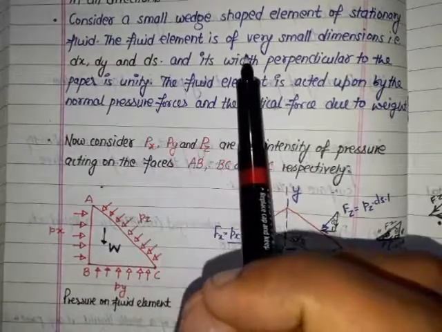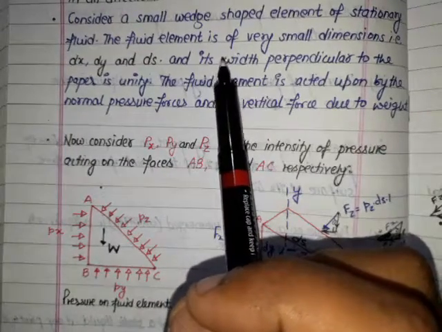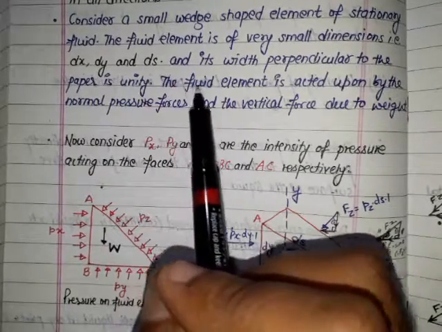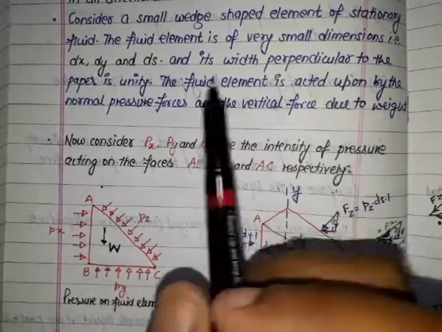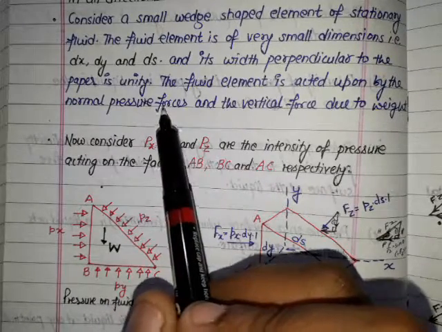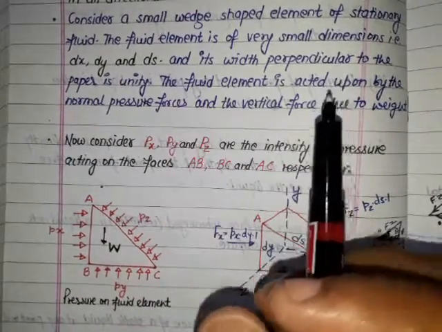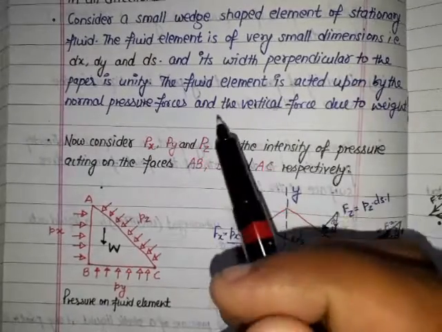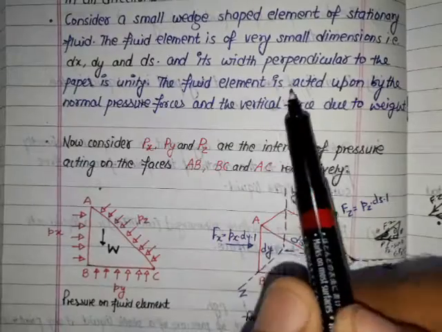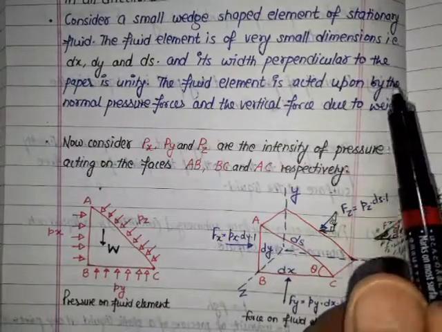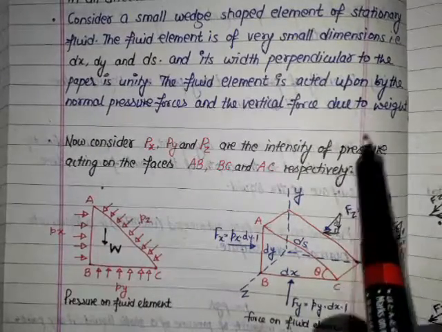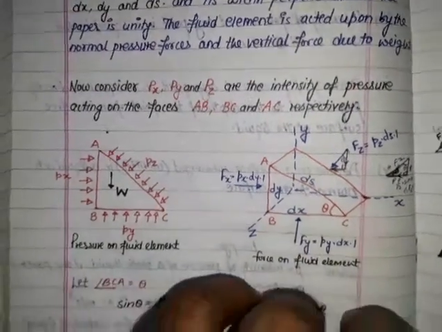It is not possible to draw the width on paper, so we take it as unity. The fluid element is acted upon by two normal pressure forces and a vertical force due to weight. So I repeat this line, this is important: the fluid element is acted upon by the normal pressure force and the vertical force due to weight.